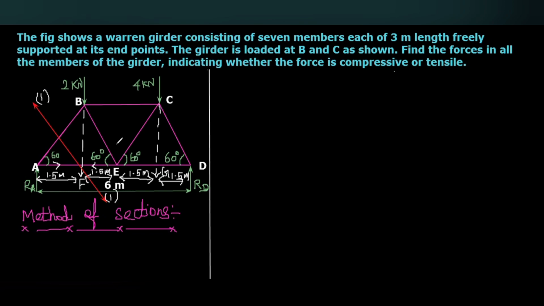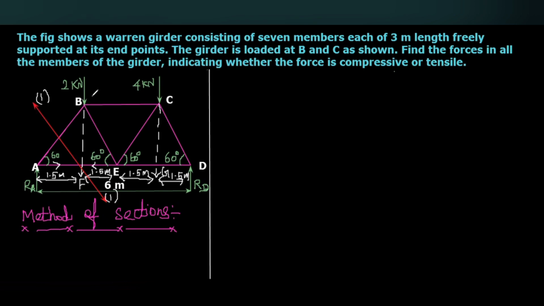Here the consideration is, any one of the portions you can consider, and in that considered portion, all the point loads which are acting in the considered portion, only those you have to consider. For example, if I consider the left side portion of the section line, I'm going to omit the right side portion.